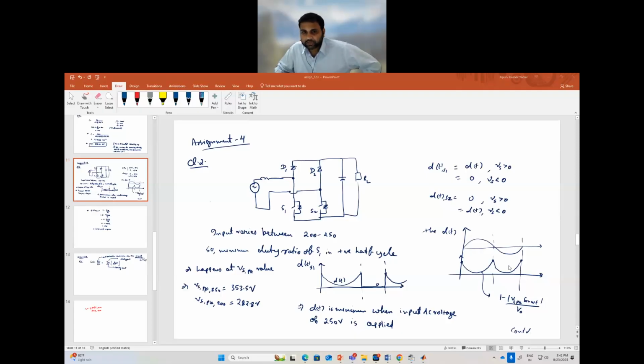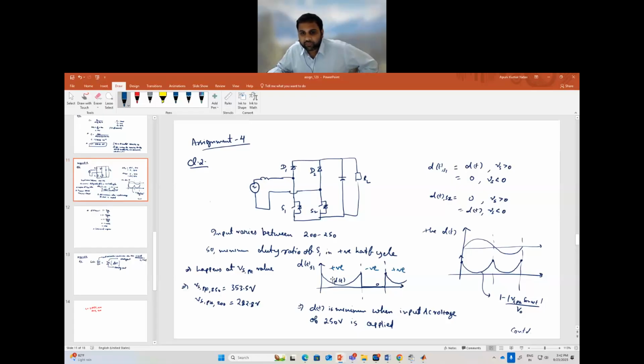We know that our duty ratio varies as 1 minus modulus Vs peak sin omega t by V naught. So if we draw the duty ratio of S1, in the positive half cycle it has the same value as d of t, which looks like this. After that, in the negative half cycle, it is 0. This is the positive half cycle, this is the negative half cycle, then again a positive half cycle starts in the next cycle.